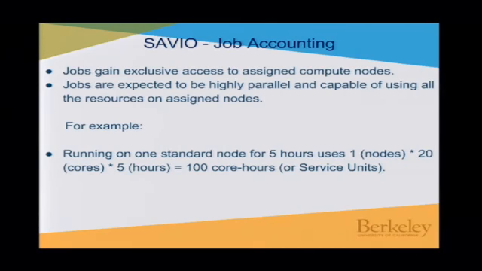So if you are running a job, you would be using a minimum of 1 node. That means you are using all the 20 cores on that node. Let's say if you're running for 5 hours, your job would cost about 100 core hours.